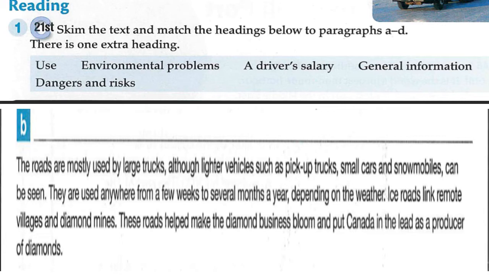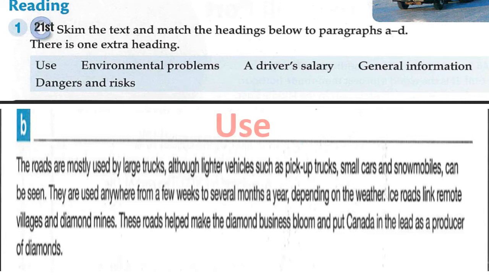Diamonds. This is very rich if you are working or have business in diamonds. This makes you very rich. So Canada is now a producer of diamonds, and here we can use the roads. We can use trucks and lighter vehicles like pickups, small cars, snowmobiles.